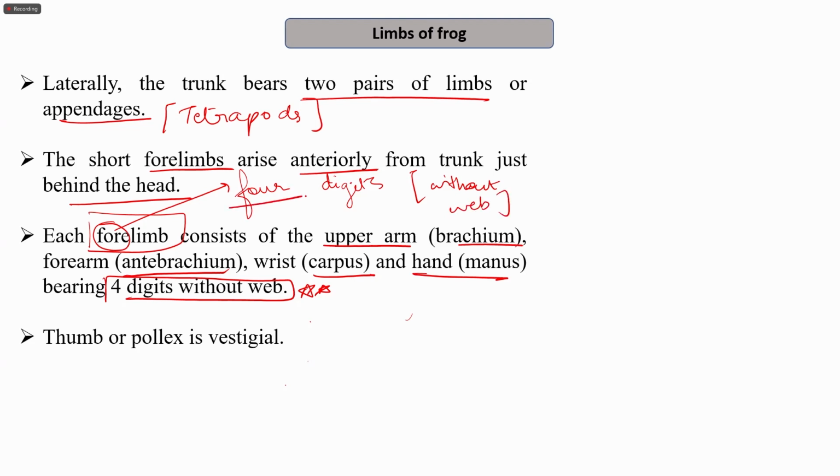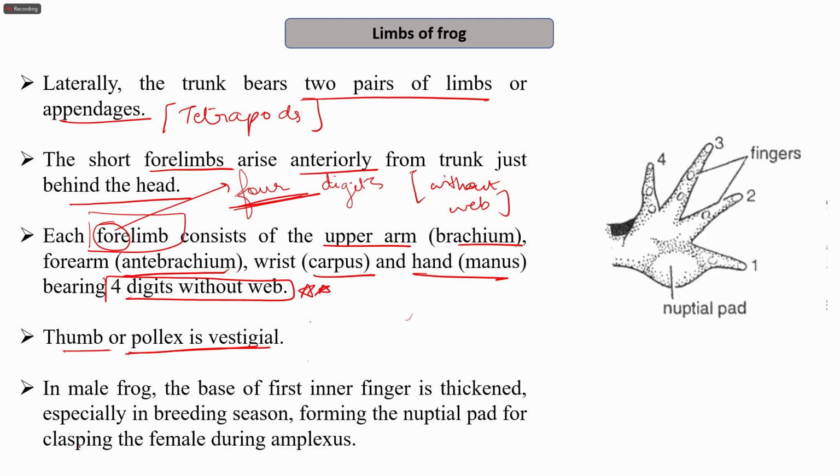I am repeating this so you can remember it: the forelimbs have 4 digits. The name forelimb, FORE, is due to the position, the anterior side or towards the head. Forelimbs have 4 digits while the hind limbs, as we will see, have 5 digits. The thumb or pollex is not well developed, it is vestigial.